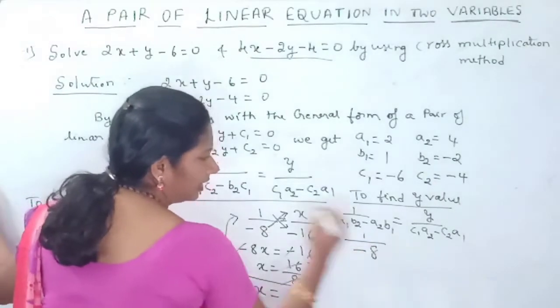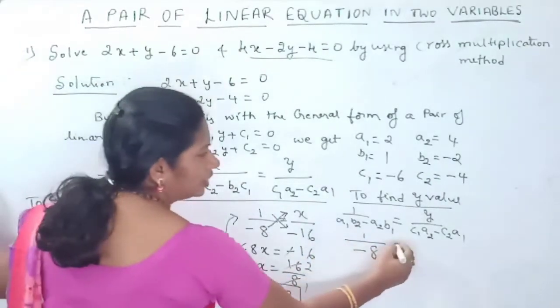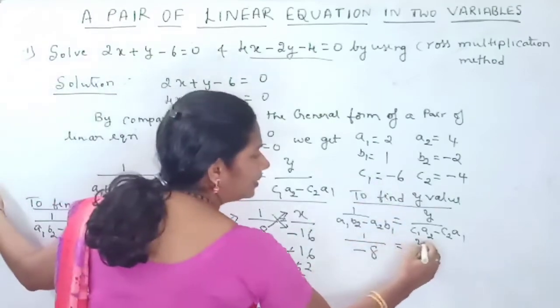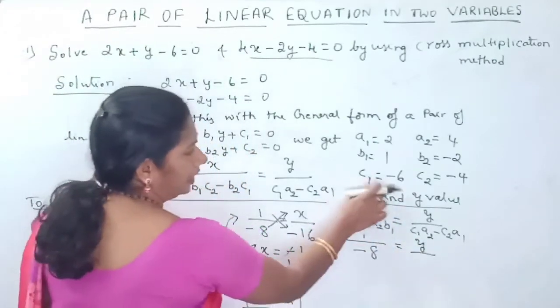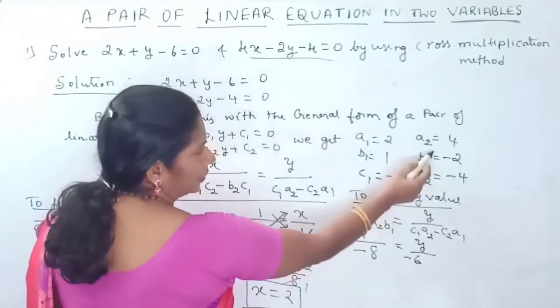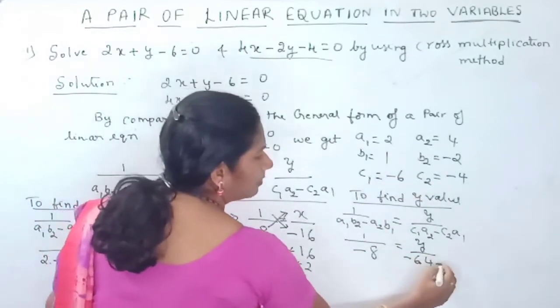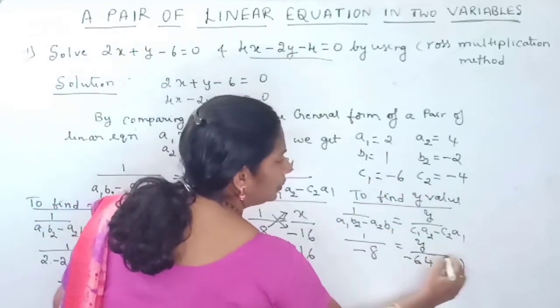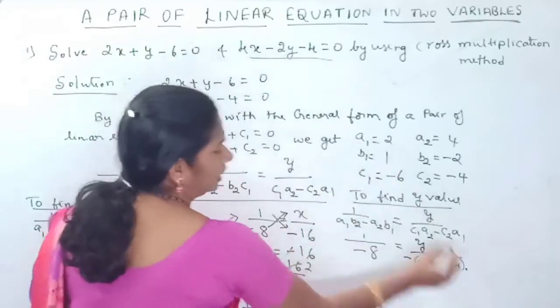Let us write as it is. 1 by minus 8 equal to, no need to simplify once again, equal to y divided by c1 a2. c1 value is minus 6 into a2. a2 value is 4 minus C2 value is minus 4 into A1 value is 2.